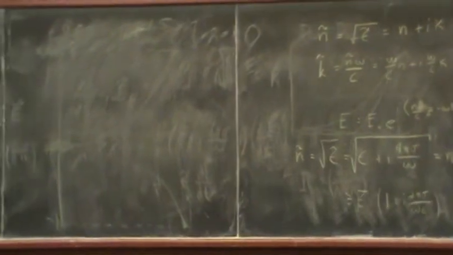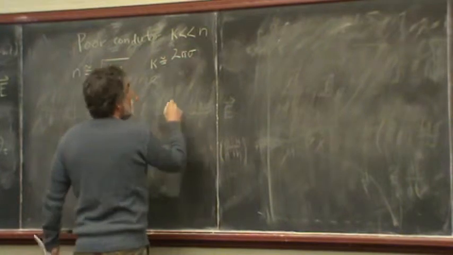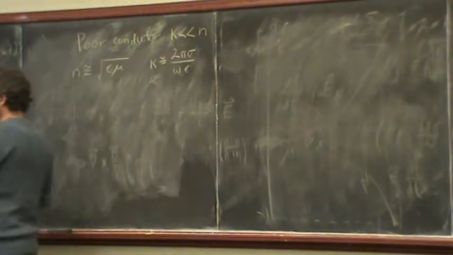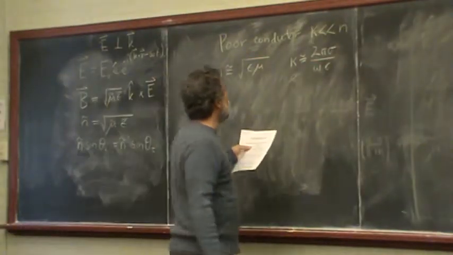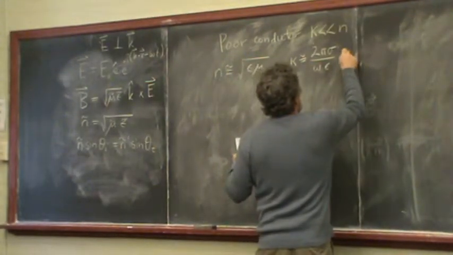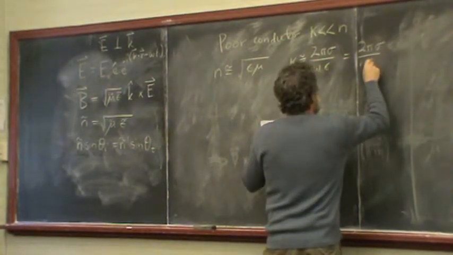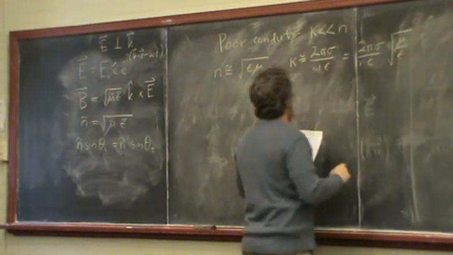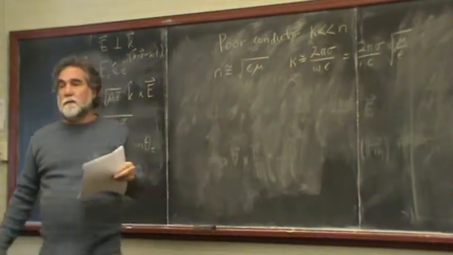That means kappa is equal to 2 pi sigma over omega epsilon, which I have written here, and someone can check whether this is correct, equal to 2 pi sigma over c times the square root of mu over epsilon. c is the speed of light. So yeah, works.